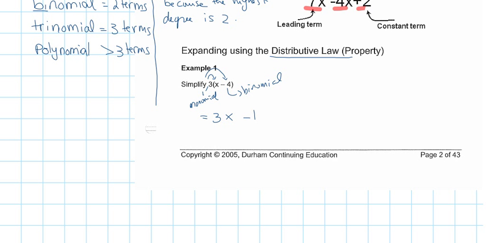And that would be my final answer, okay? So remember we said that whenever you have 2 tacos and 1 pop, but you want to buy 3 combos, that gives you 6 tacos and 3 pops. Same idea that I've done right now. Are we okay with this?